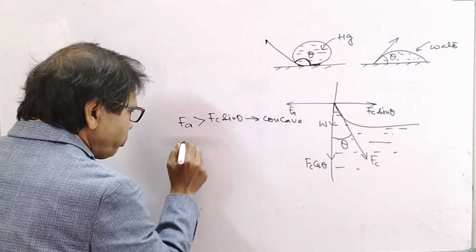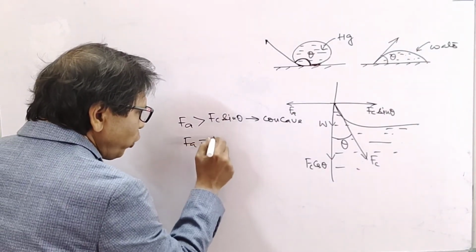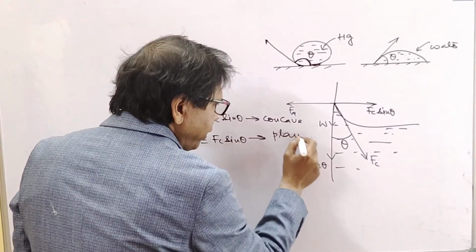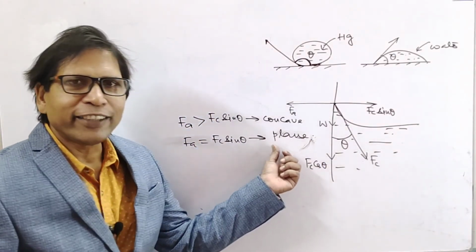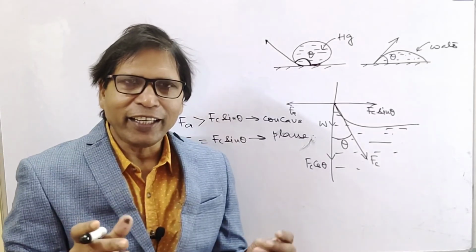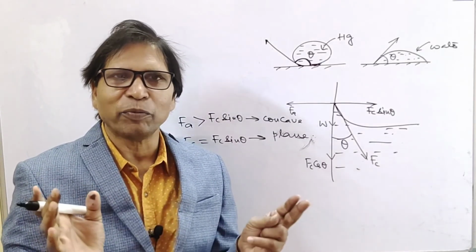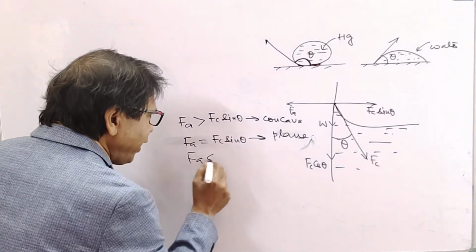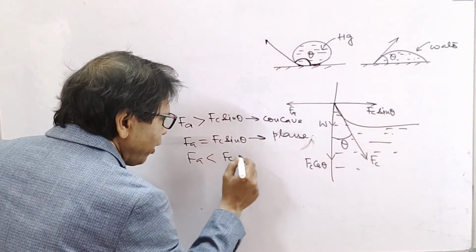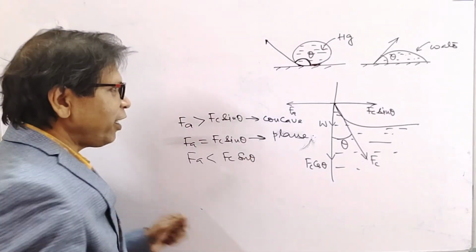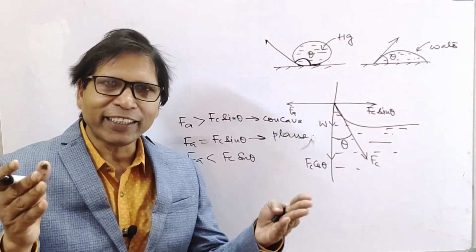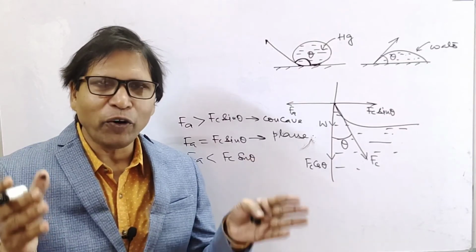If Fa is equal to Fc sin theta, then the meniscus is plane, just like water in a narrow silver tube. If Fa is less than Fc sin theta, the meniscus is convex, just like the mercury meniscus in a narrow glass tube.